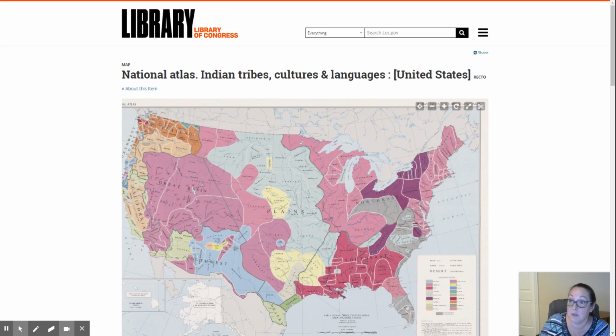And we have the people of the American Southwest. See, it says Southwest. And we have the people of the American Great Basin, this area right here. The American Northwest Coast, which is right along here. And the people of California, which are right here.